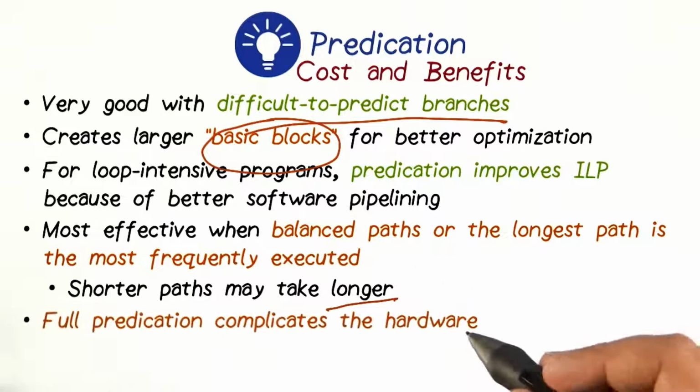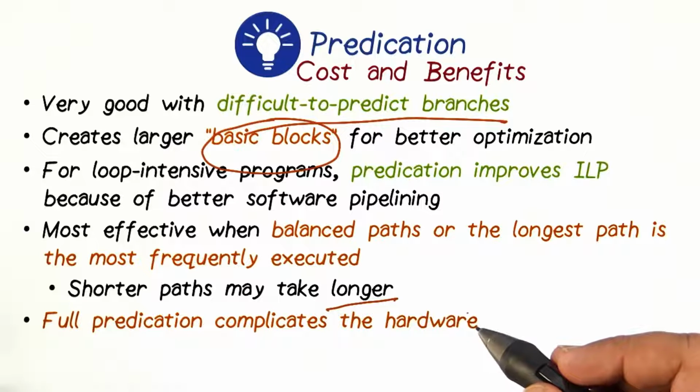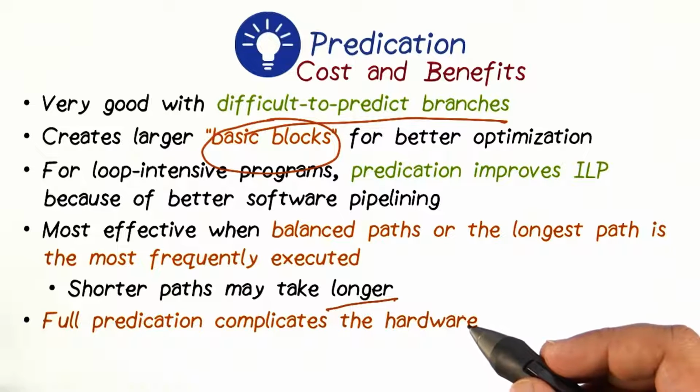register. What is the disadvantage in general of predication? The disadvantage is that it complicates the hardware. Now you need the special predicate register. You need a mechanism to commit the results of the different sides of the branch based on the outcome of the result. And finally, you are going to execute a lot of code here which eventually is not going to get committed, and that will add to the resource pressure.